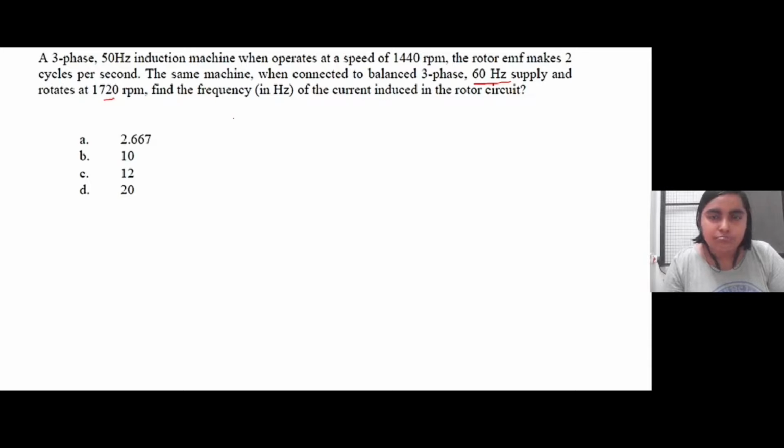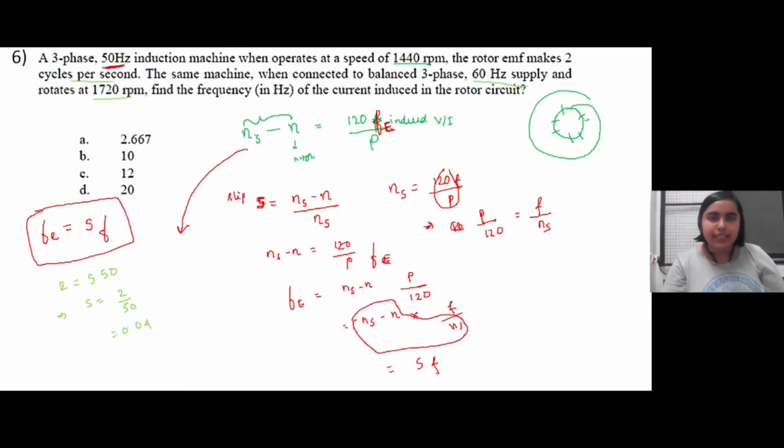We do not know ns for the second case. So for the first case, let us calculate ns first. Now that we have the value of slip as 0.04, we can put it in this equation.